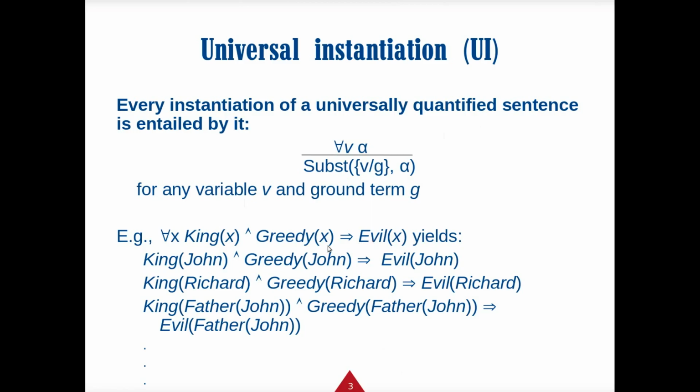We have John and Richard as X's. In propositional logic this would be King(John) and Greedy(John) implies Evil(John), King(Richard) and Greedy(Richard) implies Evil(Richard), and King(Father of John) and Greedy(Father of John) implies Evil(Father of John), and so on and so forth.